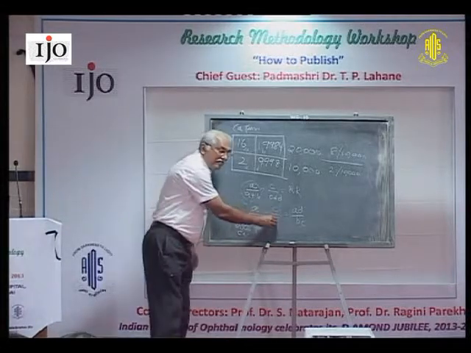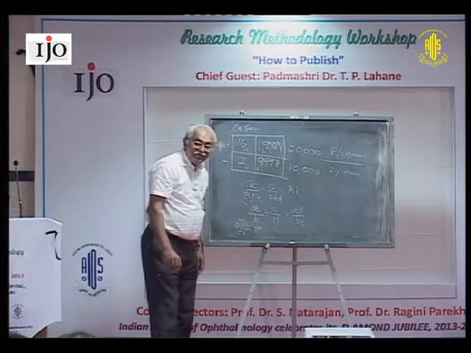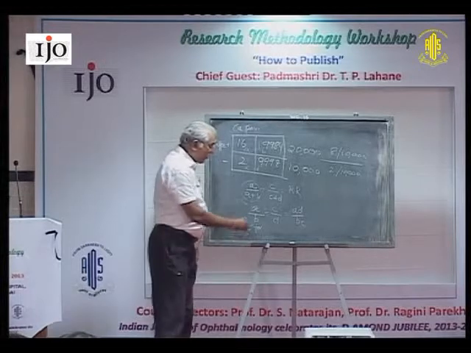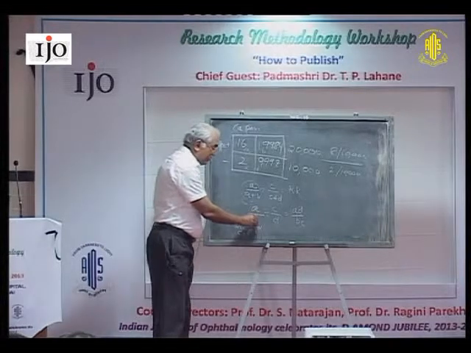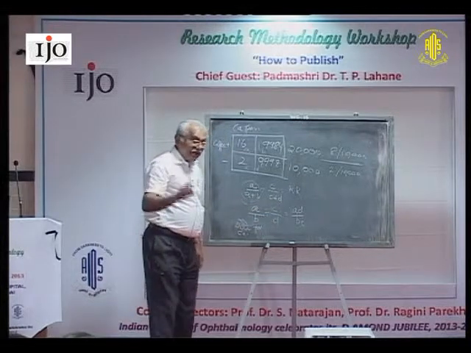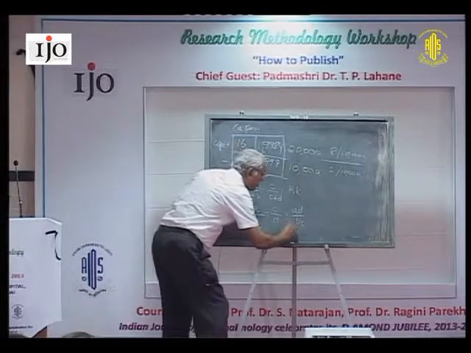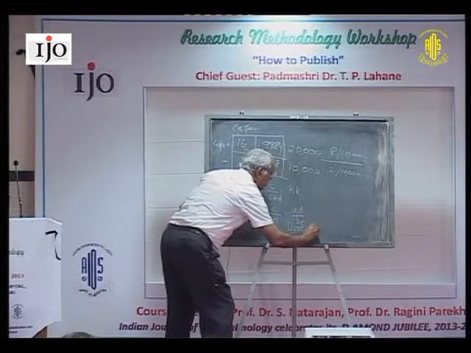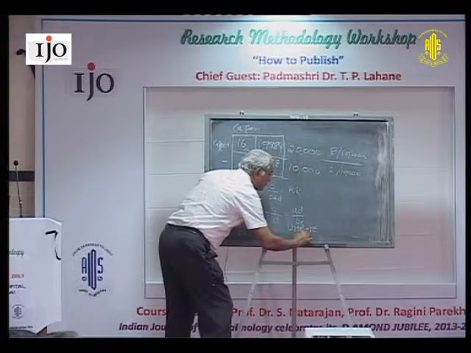Similarly, C by D is odds for disease among non-coffee drinkers. So when you divide odds for disease with odds for disease, the answer you get is the disease odds ratio.